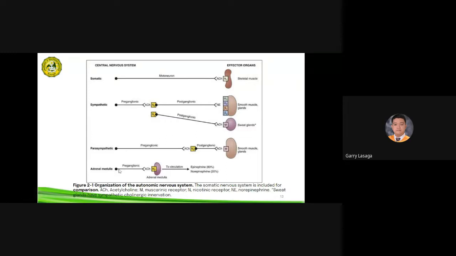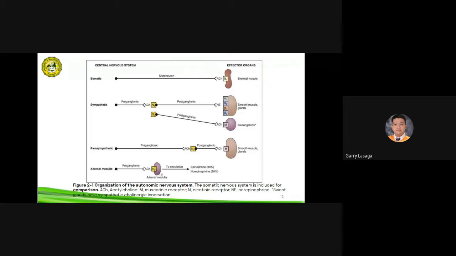In the adrenal medulla, so the stimulation of the adrenal medulla is also under the sympathetic nervous system. So our preganglionic nerve will act on the adrenal medulla, particularly on the nicotinic receptors of our adrenal medulla.